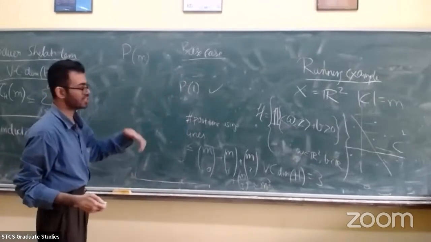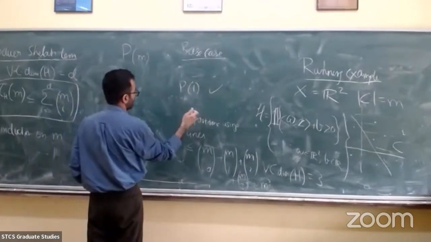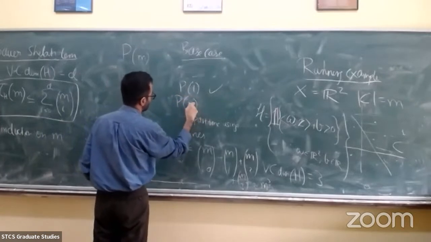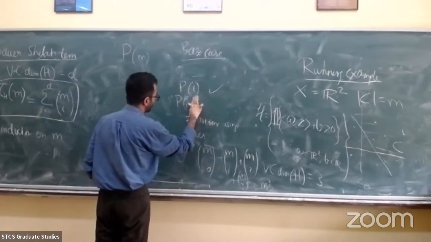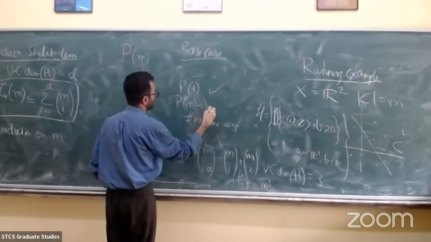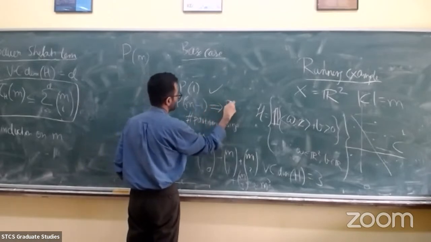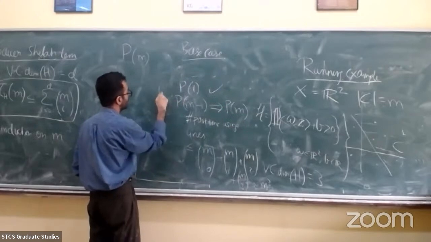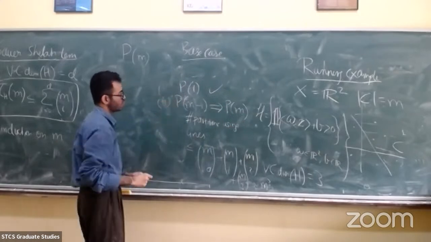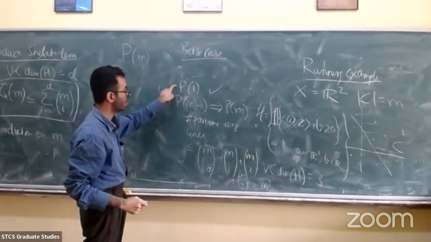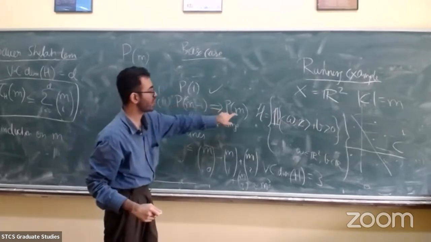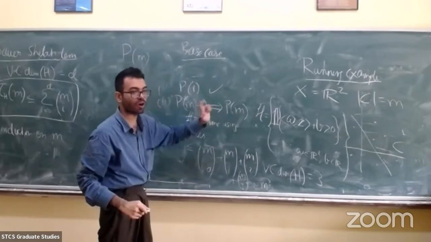And then you show that P of m minus 1 implies P of m. So for m equal to 1, it's true, and if it is true for m minus 1, it is also true for m, and this holds for all m.